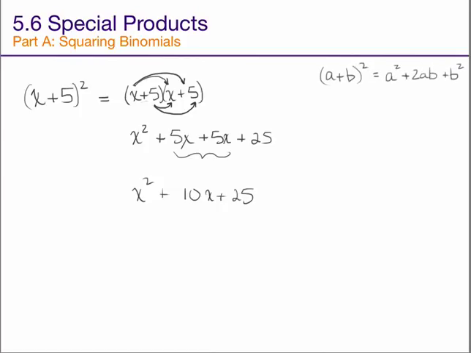Notice that if I'd used the shortcut, I could have rewritten this problem this way. X plus 5 squared is x corresponds to a, so instead of a squared, I'll write x squared, plus 2 times a, which is x, times b, which corresponds with 5, plus b squared, or 5 squared.